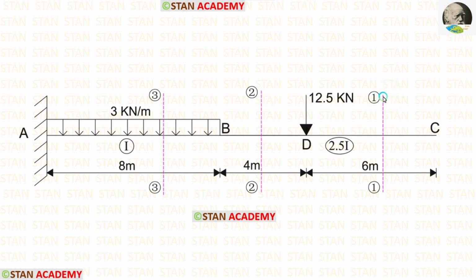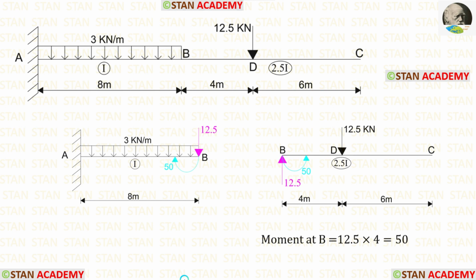The first section in CD, the second section in DB, the third section in BA. Before calculating the moments in the sections, let us make the free body diagram so that we can easily find the moments. At the point B, let us split the beam into two parts, AB and BC.